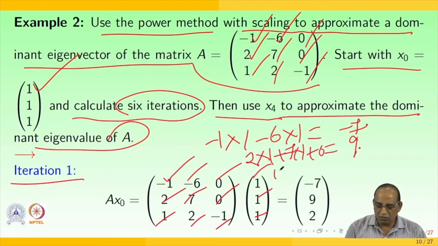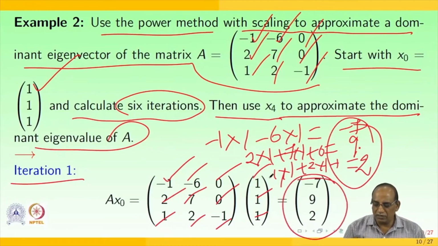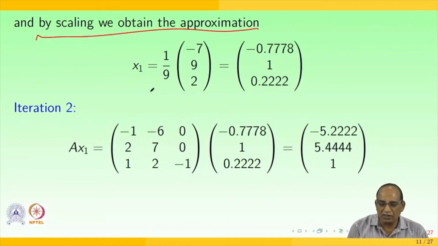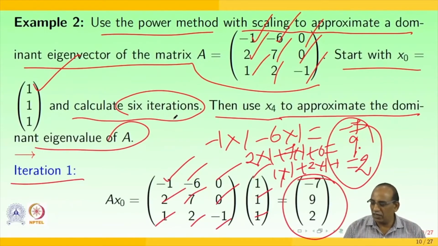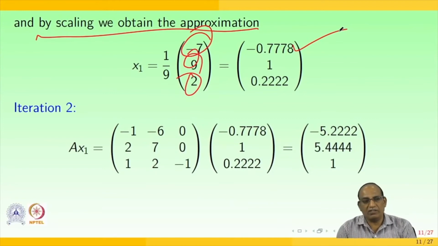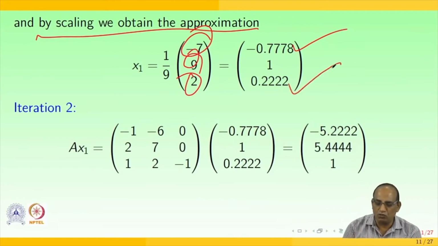Third one is 1 into 1, 2 into 1, -1 into 1, so it is 2. So at the end you get -7, 9, 2. And by scaling we obtain the approximation. So x1 is equal to, the bigger value is 9, so when you divide by 9, -7 by 9, 9 by 9, 2 by 9, which is minus 0.778, 1 and 0.222.